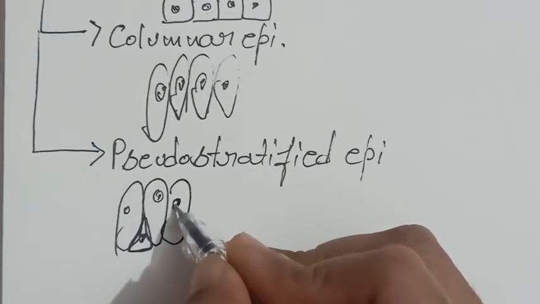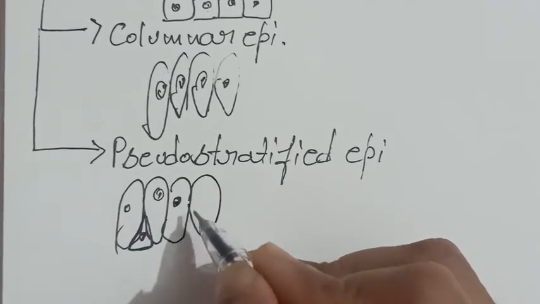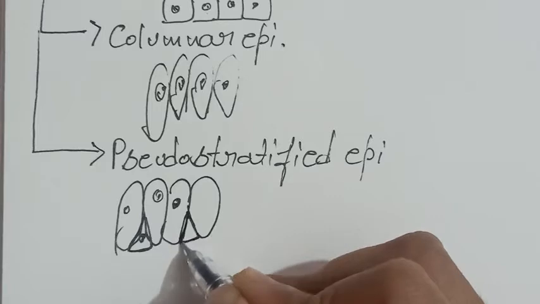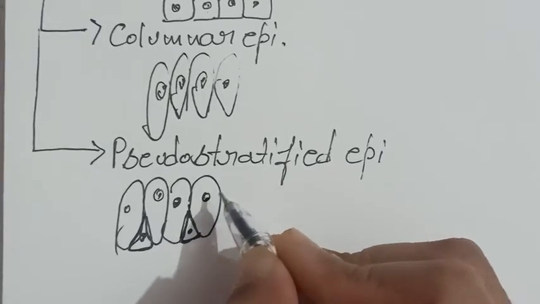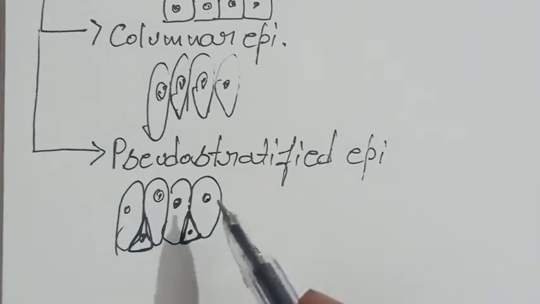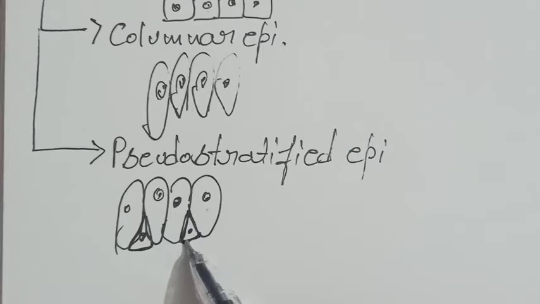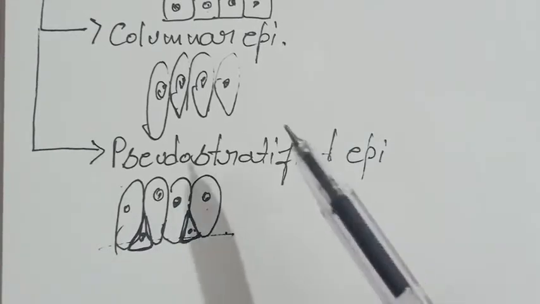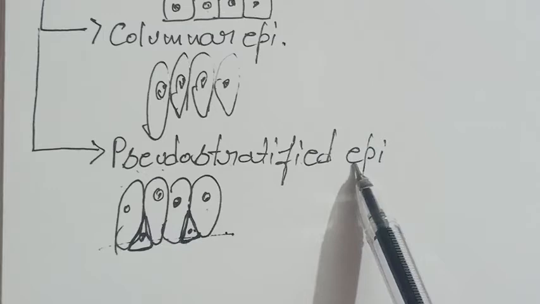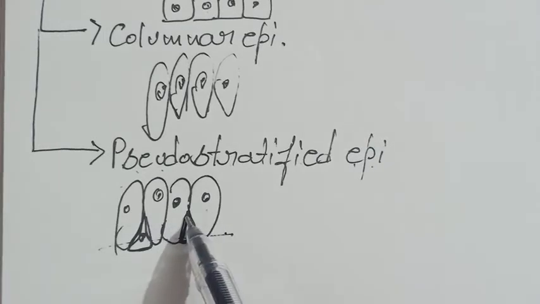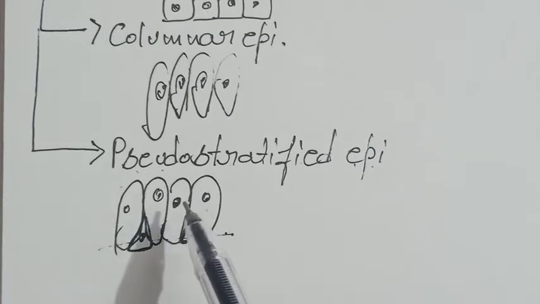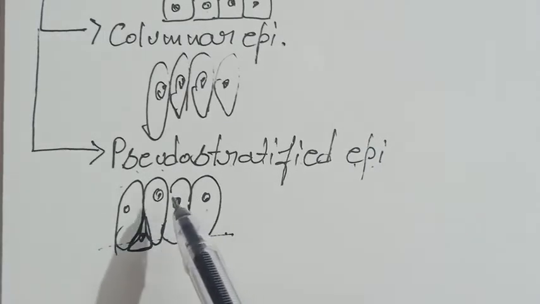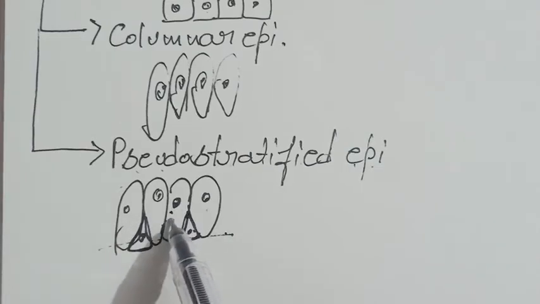So here two cells are present, but they are present in a single layer. That is why they are known as pseudo stratified epithelium. The primary function of these cells is to provide protection, and they are found lining the trachea and bronchi.